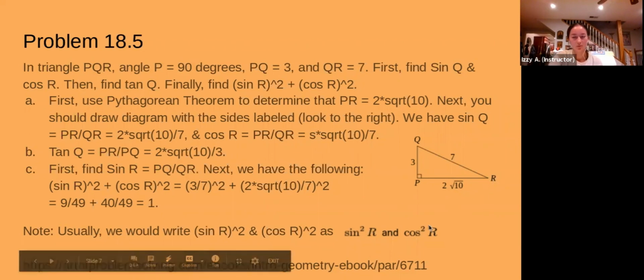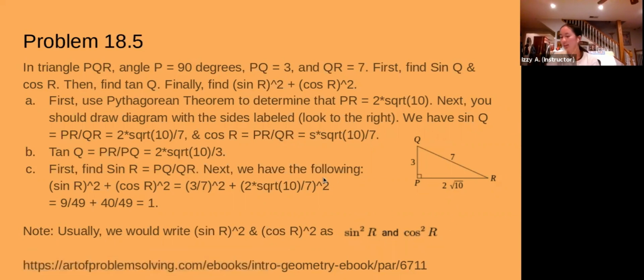So in this case, it'll be R. So if you see a number in between that, for example, this would be sine R squared, and this would be cosine R squared. So yeah. Okay, I'll leave this up here for a few more seconds because I feel like I explained a lot and then I gave you time to look over it, and then we can go on to the next slide.